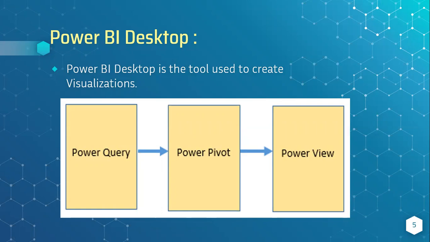Power BI desktop is the tool used to create visualizations. So at the high level, we have three components in Power BI desktop: Power Query, Power Pivot, and Power View. Using Power Query, we will connect to different types of data sources and we will extract the data.